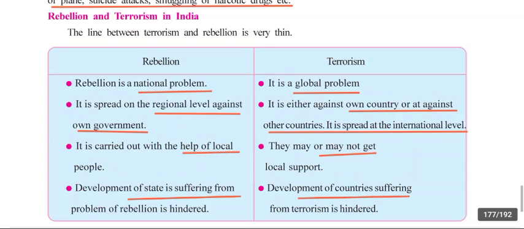For example, terrorists of Pakistan or Iraq, Iran or Taliban spreading terrorist activities in America or Russia or India.